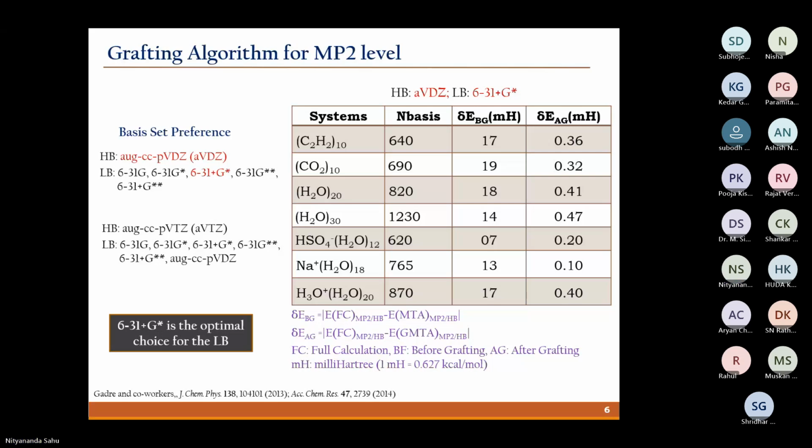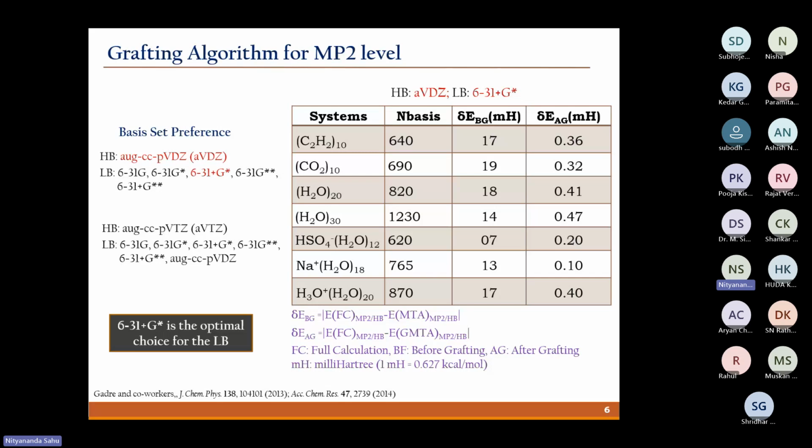Okay, so the third column in the table shows the difference of the MTA based calculation with respect to the full calculation, and they are all in the millihartree scale, that is 17, 19, 18, and so on. And once I take the error which we get from the lower basis to the higher basis, then look at the results shown in the fourth column.